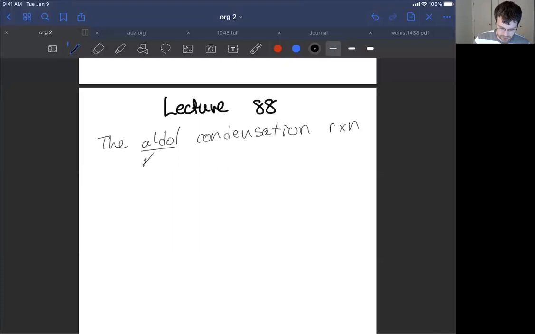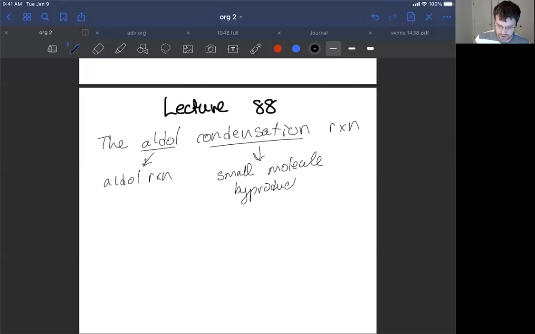The aldol kind of reminds us of the aldol reaction from the previous lecture, and condensation means we will have a small molecule byproduct. Our favorite condensation reactions are those that release water, and this is indeed another reaction that releases water from the starting materials.